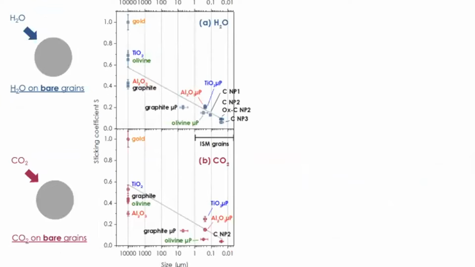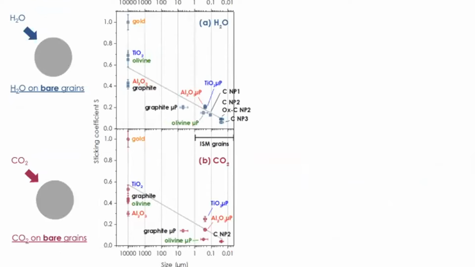So we have plotted the sticking coefficient, between 0 and 1, as a function of the size on a logarithmic scale. By convention, we defined the flat surface as 1 centimeter in size, and then here we have some micronic particles and nanoparticles.